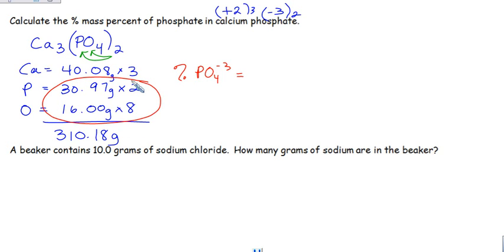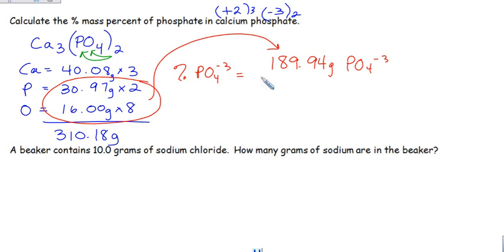This gives me the total amount of phosphorus and oxygen. Now you could add this up, 2 times the phosphorus, 8 times the oxygen, or you could go PO4 times 2, and either way, I should be looking at around 189.94 grams of phosphate. So it's this. It's all the phosphorus and oxygen.